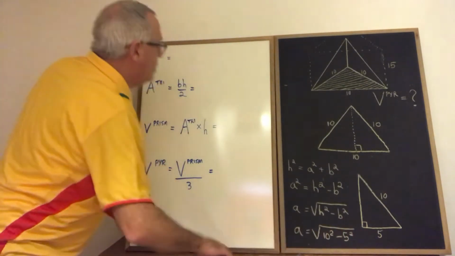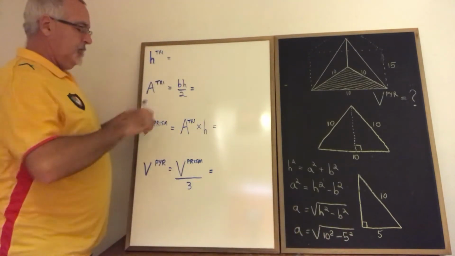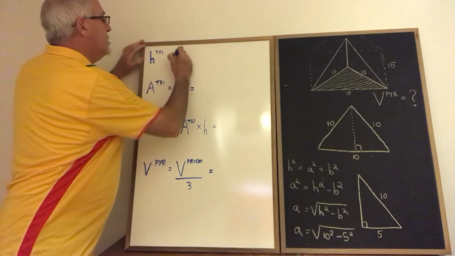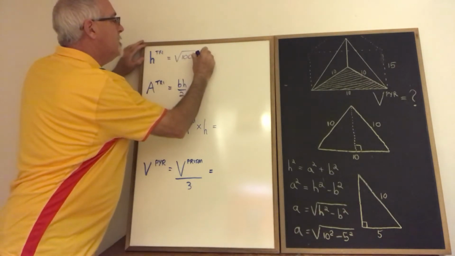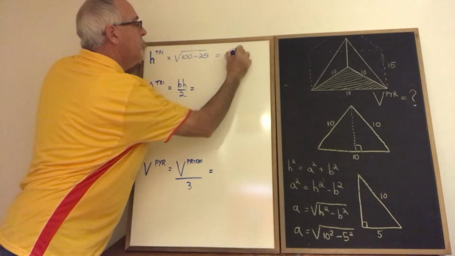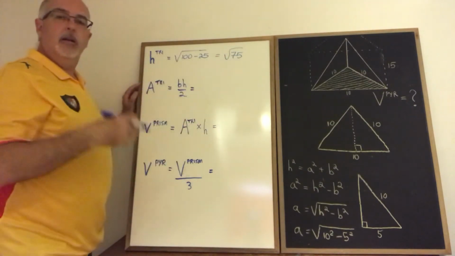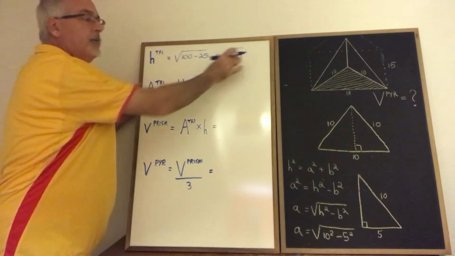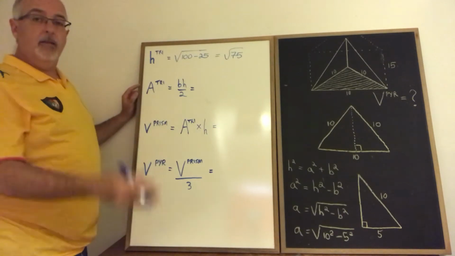Now I can move up here onto my whiteboard. The height of the triangle is equal to this expression, which simplifies to be the square root of 100 minus 25, which is the square root of 75. Now, I can simplify this. I can get the decimal value for this from the calculator, but I would have to round, and I want to avoid rounding until I really have to.